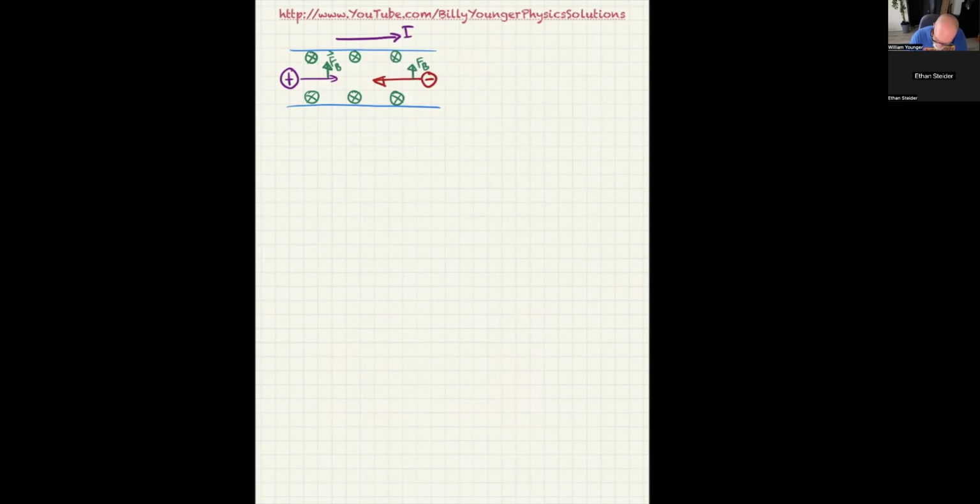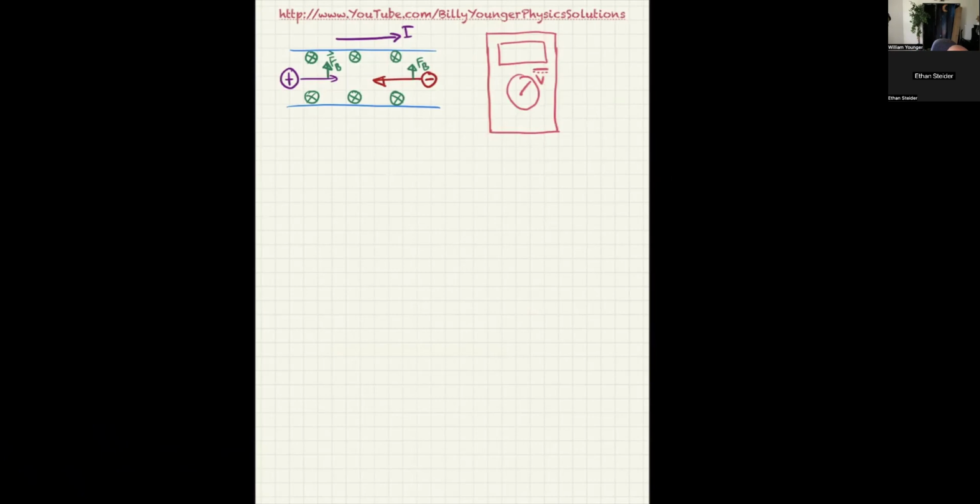So now if you take a multimeter, let's say we have a nice little multimeter like this, with a nice little screen displayed here. We've got it set on DC voltage.